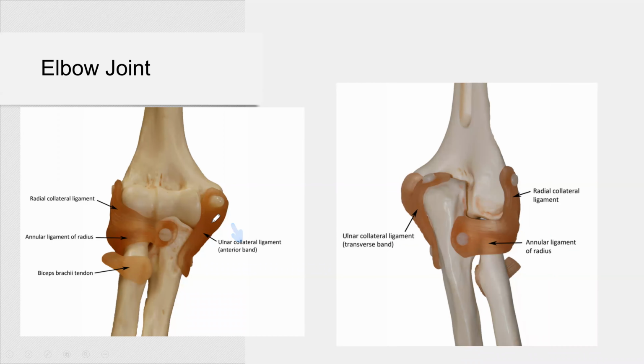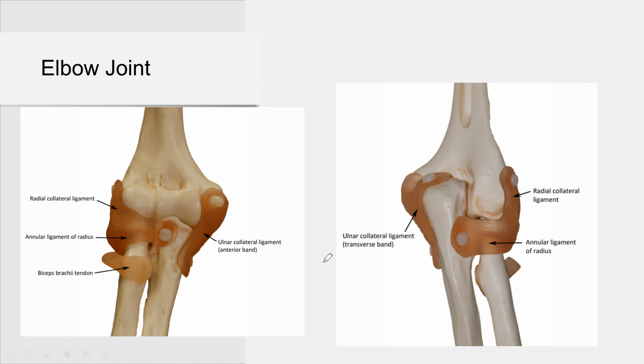So that's ulnar collateral, on the same side as ulna. And this one is radial collateral ligament, so it's on the side of radius. So that's pretty much what we have, right? Ulnar collateral and radial collateral.